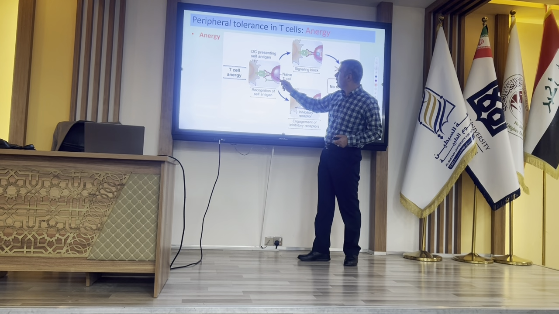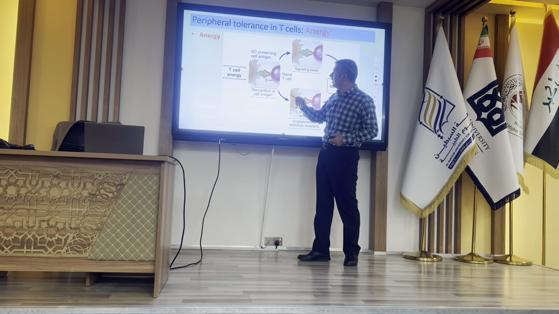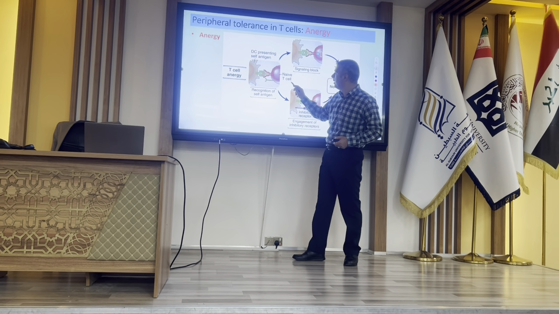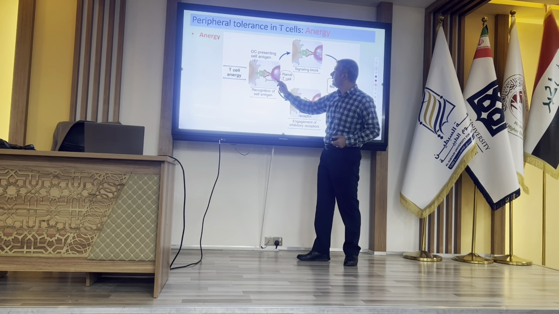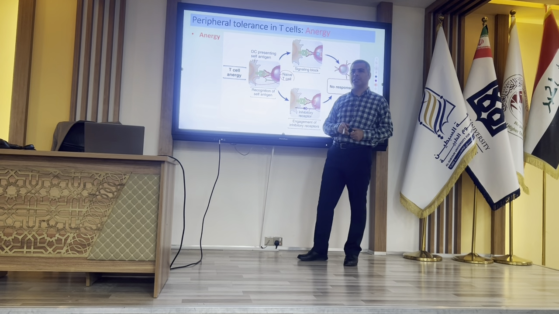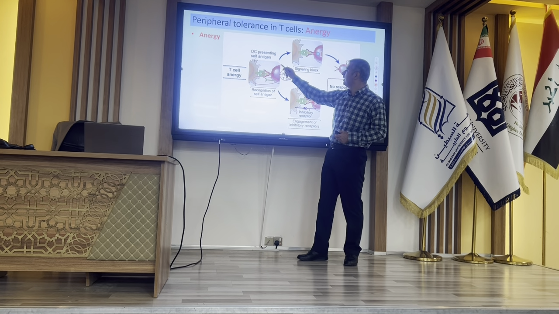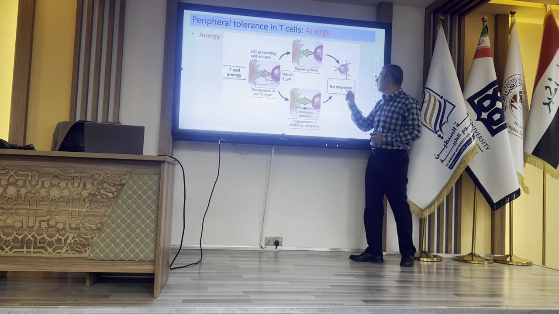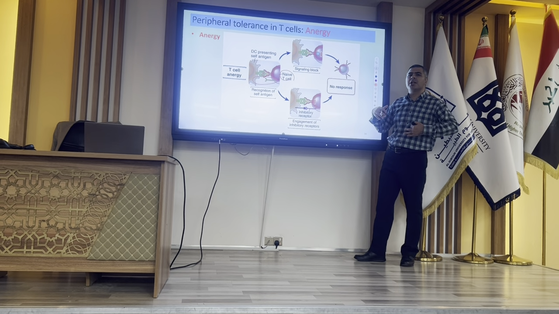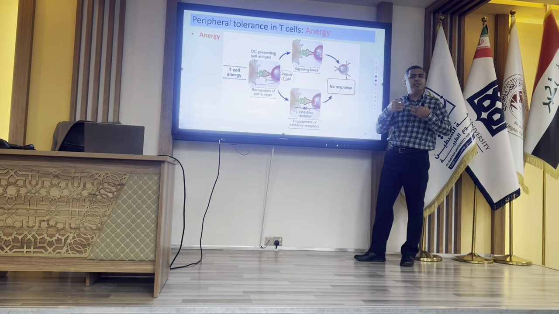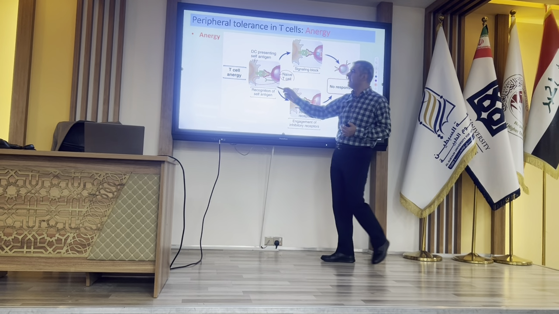So here, when we have recognition of a self-antigen by naive T cells in the absence of co-stimulation, when there is no co-stimulation, the cells will be suppressed. A state of non-responsiveness will be induced in the cell, which is called anergy.